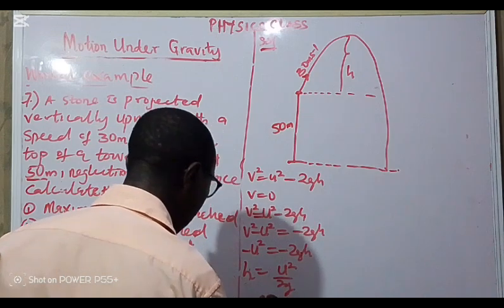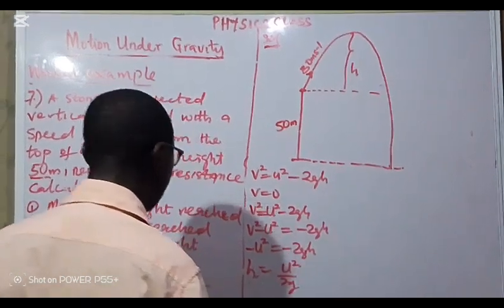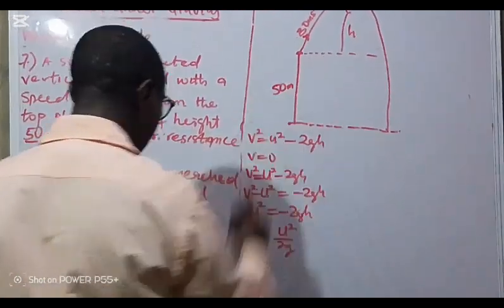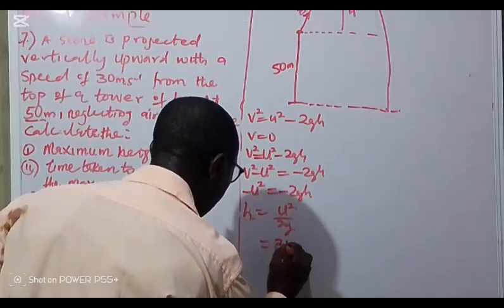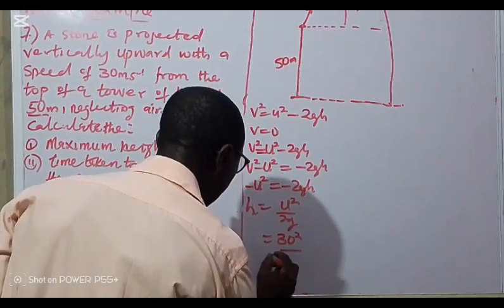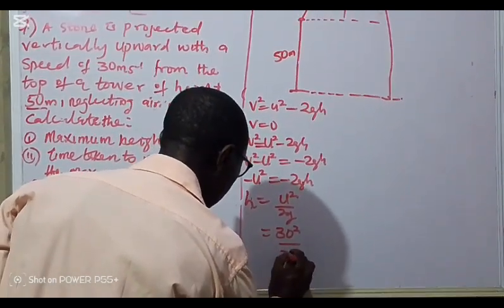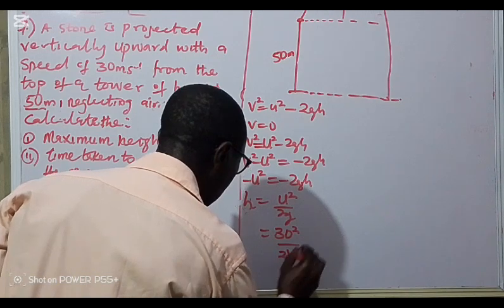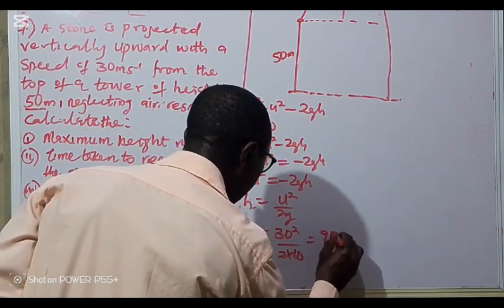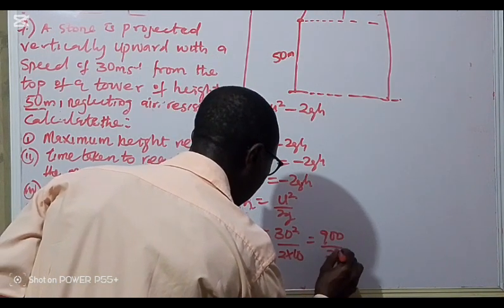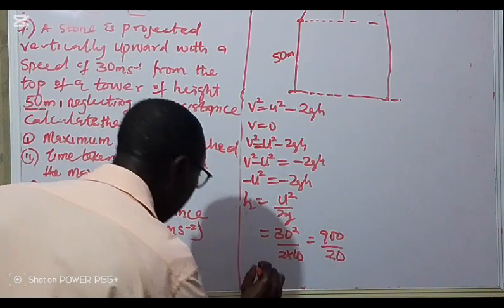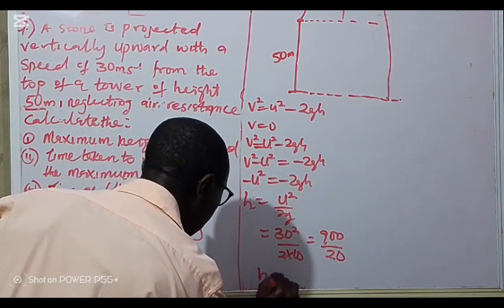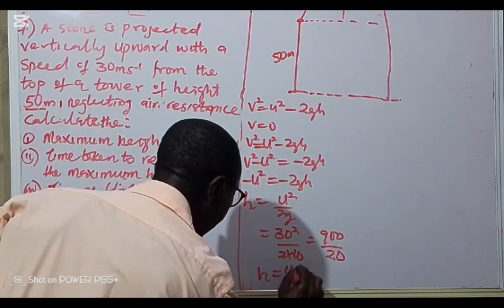Mind you, from the question, u is 30. So we have 30 squared over 2 multiplied by 10. This gives us 900 over 20, and h will now be 45 meters.